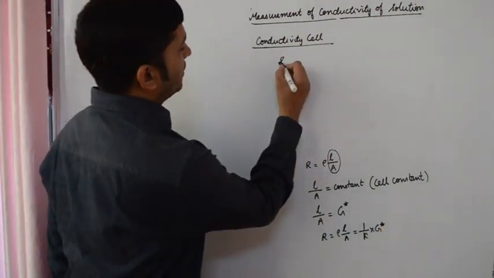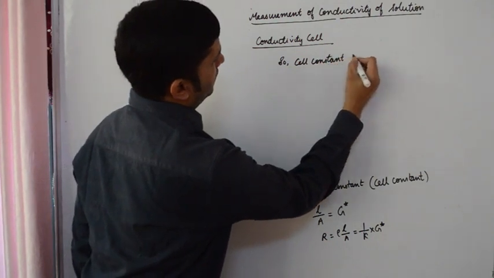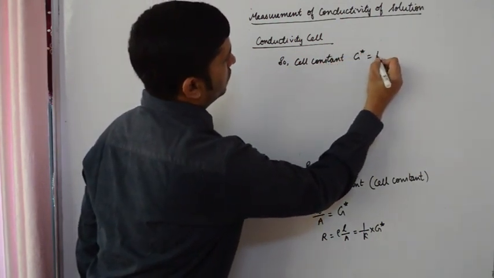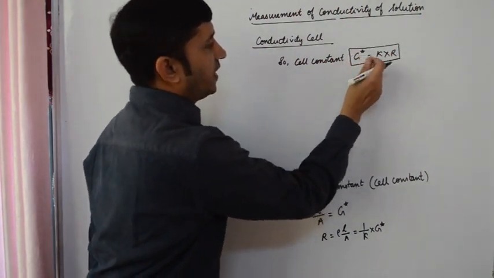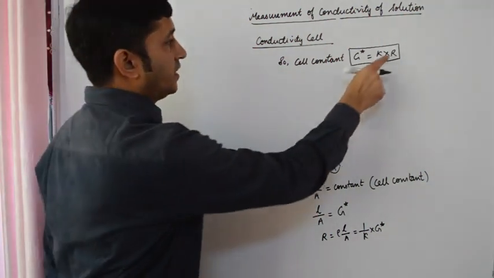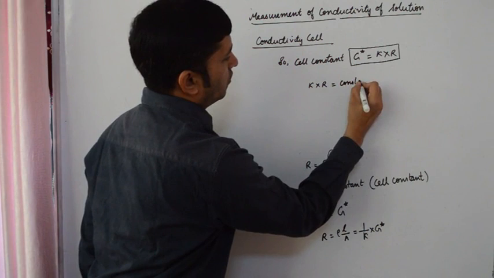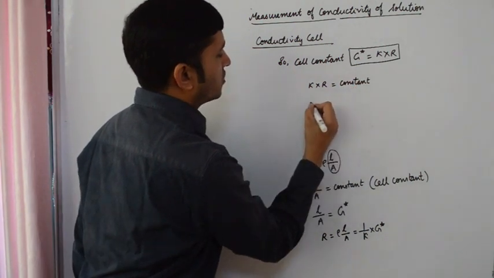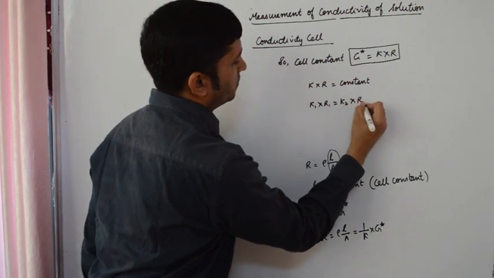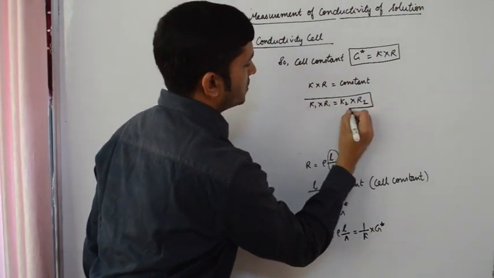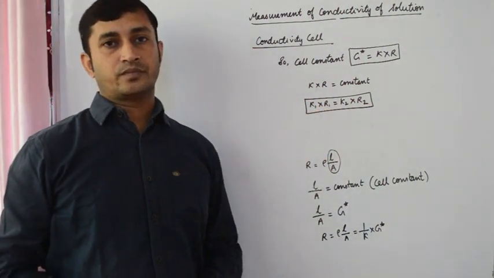So we can write that cell constant G star will be equal to conductivity into resistance, or we can say that for a particular conductivity cell, this product of conductivity and resistance will be constant. Or we can also write as K1 into R1 is equal to K2 into R2. Using this relation, we can calculate the conductivity of any solution.